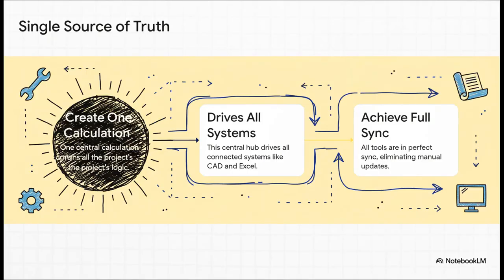Second, you have to establish a single source of truth. So instead of your data living in 5 different places, you create one central calculation that holds all the project's logic. This single source then drives every other system, making sure everyone is working from the exact same, up-to-the-minute information. No more version control nightmares.